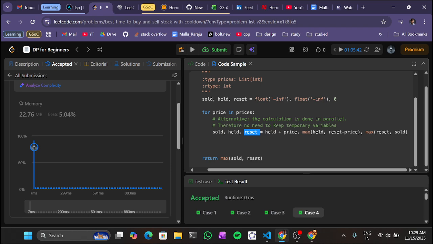Now sold will be updated. Held is the negative price plus current price. Either it can be a positive value or negative value.